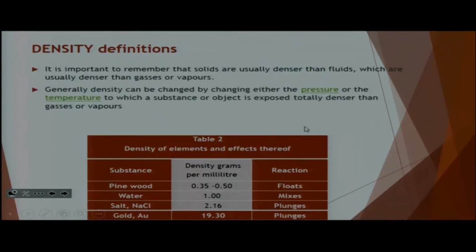It is important to remember that solids are usually denser than fluids, which are usually denser than gases and vapors. If we go back to our definition of matter as a characteristic, we saw that in terms of compactness, in terms of atoms and matter, and in terms of volume, what was happening there.